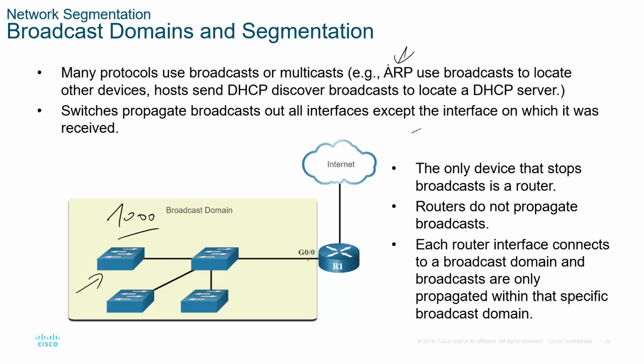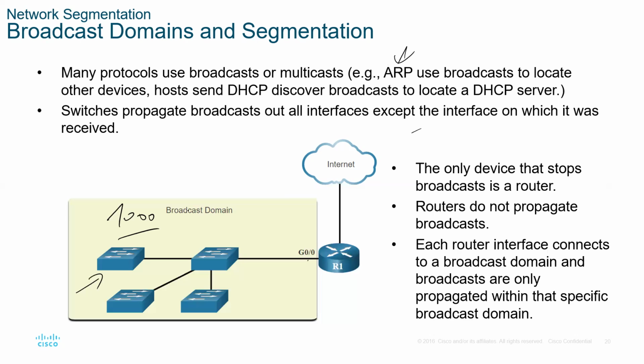Every device in the broadcast domain gets that, even a device that should not be getting that ARP request. The processing power of the network goes down. We have congestion in the network because every device is sending a broadcast. So that's why we have and need what we call segmentation.